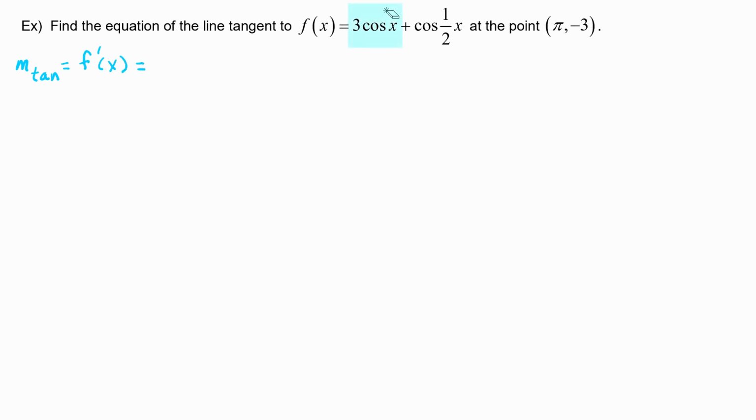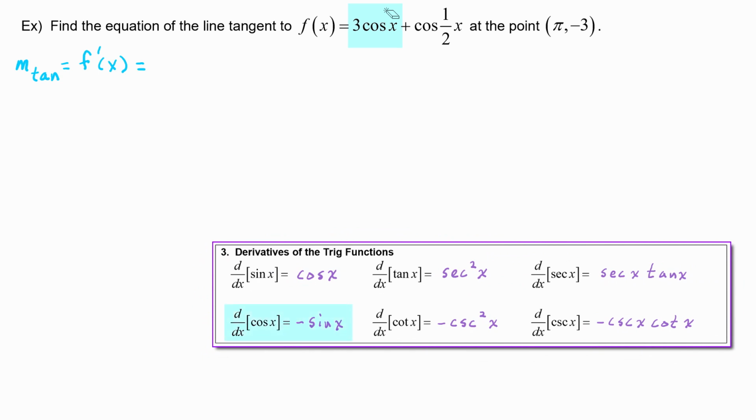Now, we know the derivative of cosine x is negative sine x, so for this first term, we get negative 3 sine x. And for the second term, notice this is a composite function. It's not cosine x, it's cosine of stuff. So the derivative of cosine of some stuff is going to be negative sine of the stuff.